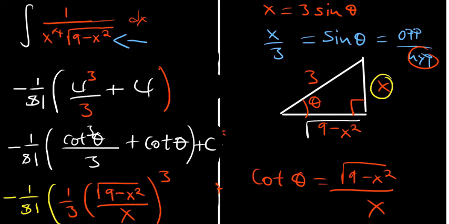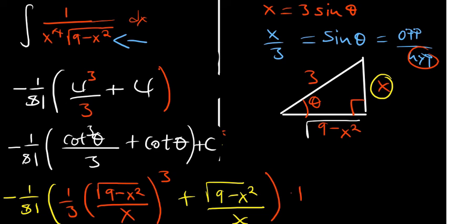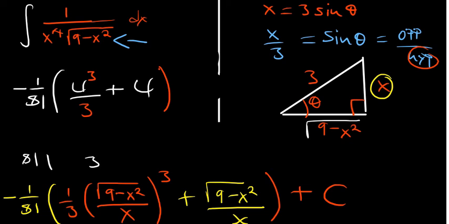And then plus cotangent of theta, which is just going to be the root of 9 minus x squared over x. So in brackets, plus constant c. Okay? So this is the form where we've ended.